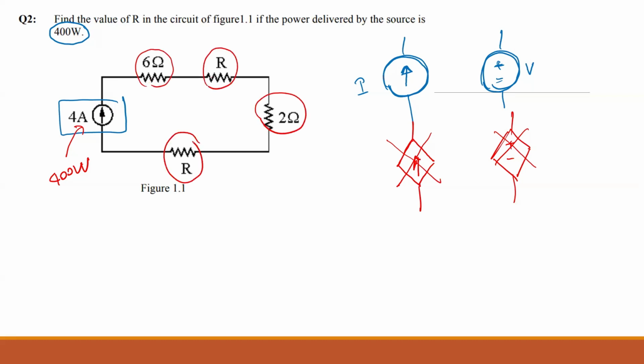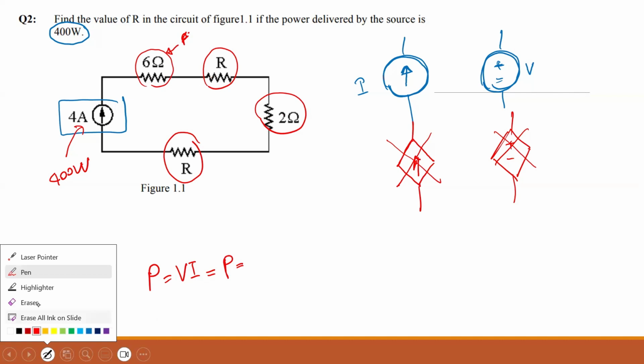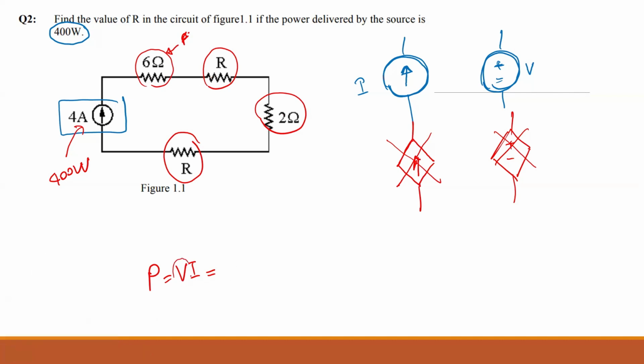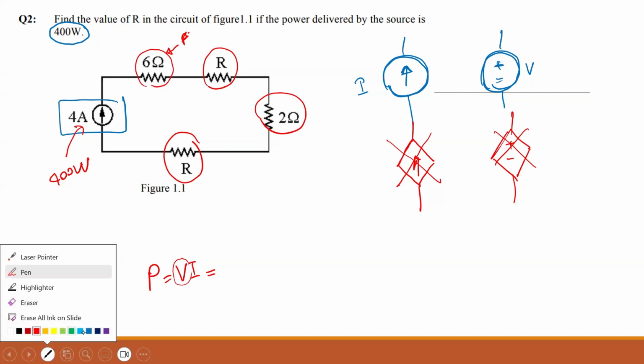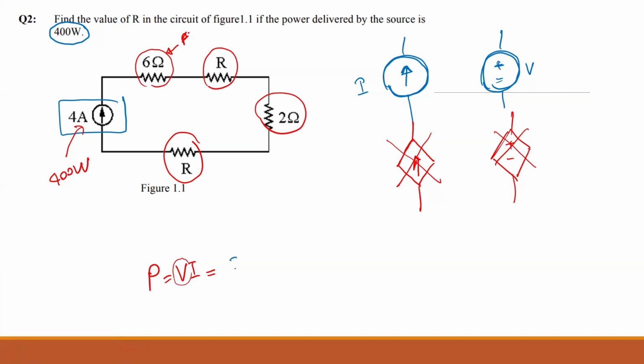So if you want to find the power consumed by this resistor here, that power is P equals VI, or else we can say, we have 3 equations for power. If you substitute the V with Ohm's law, then we have I squared R, or else V squared over R.